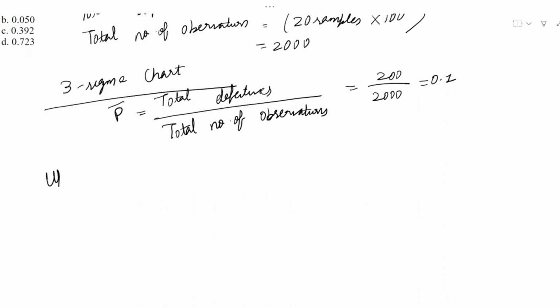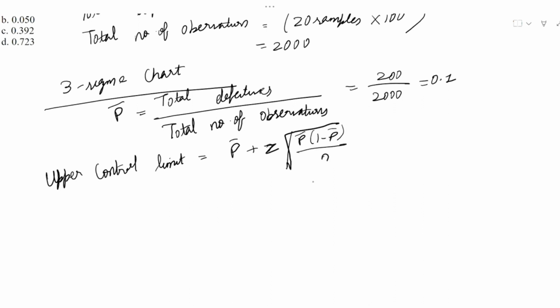Now, the upper control limit for a P chart is equal to P bar plus Z root over P bar into 1 minus P bar divided by N. Here Z is 3 for your 3 sigma control chart.